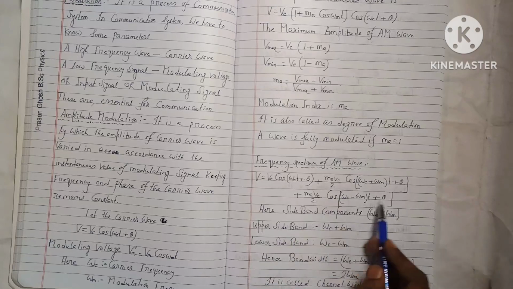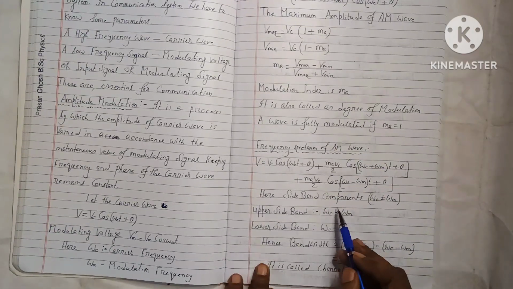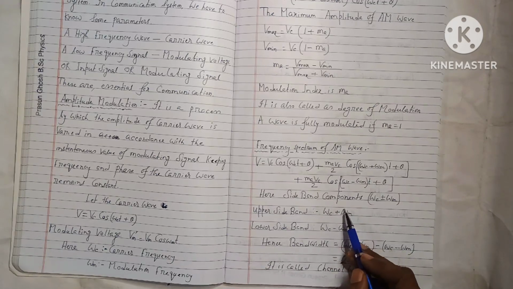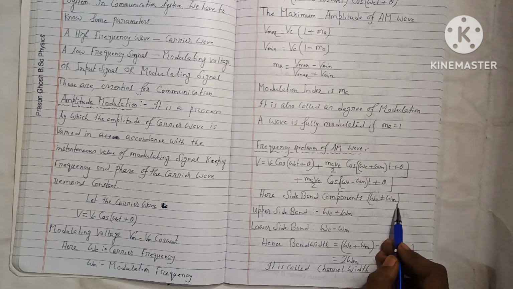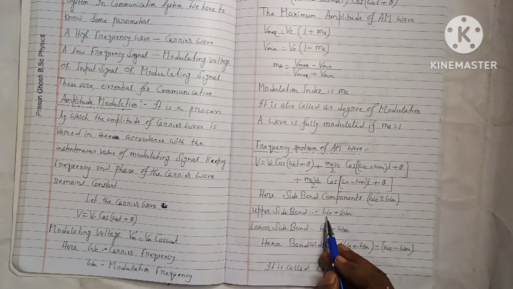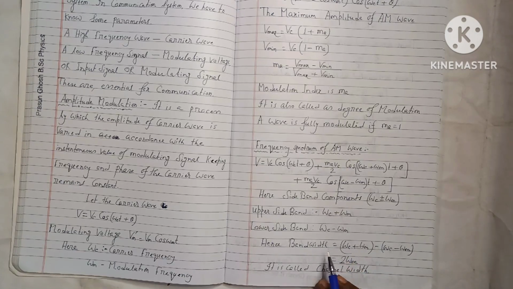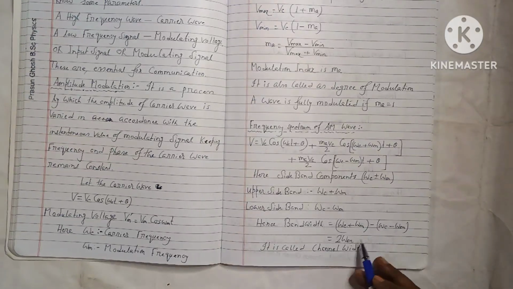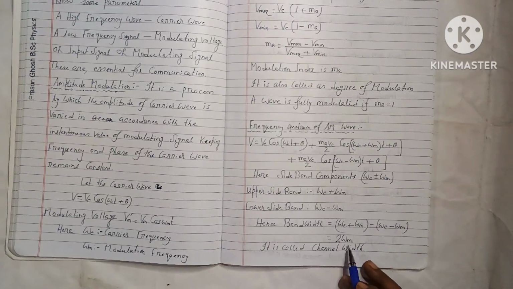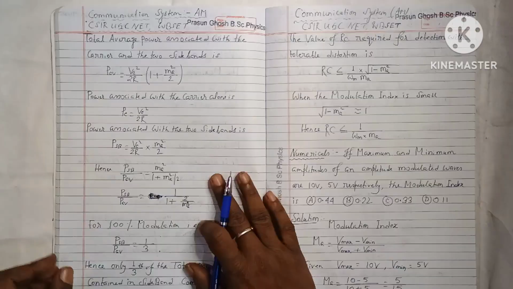So again we can write in this format. Here we have sideband components, omega c plus or minus omega m. Upper band is omega c plus omega m. Lower band is omega c minus omega m. So bandwidth, upper band minus lower band, we get 2 omega m. It is known as the channel width.